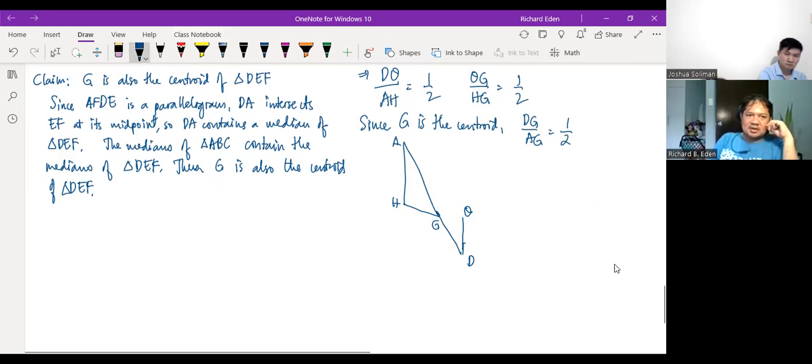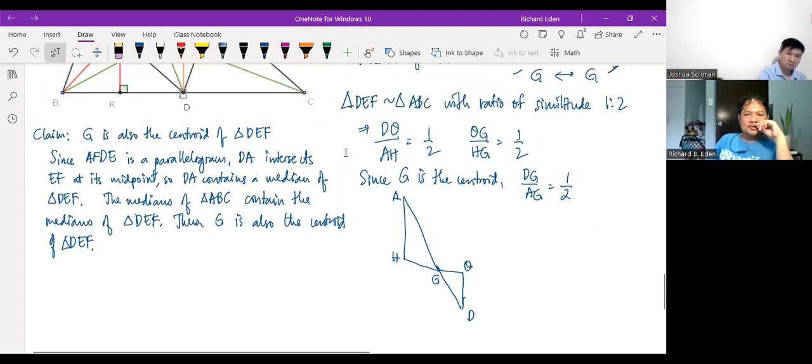Parang dire-diretso eh. Medyo ibahin ko ng ano. Okay. So, observe that we have OG is to H. Wait, actually, ang gusto kong gamitin, ito, for now.